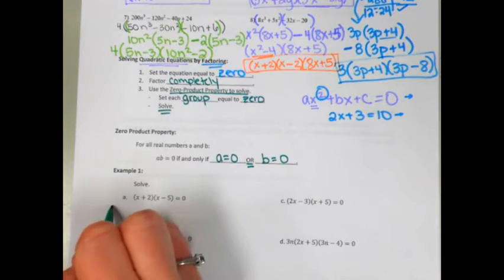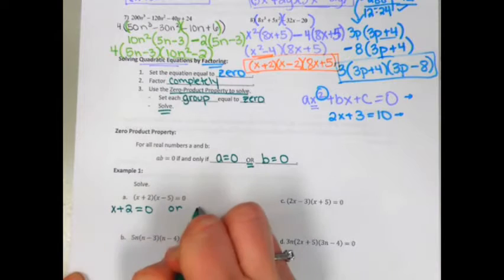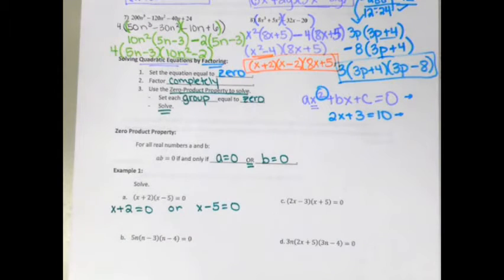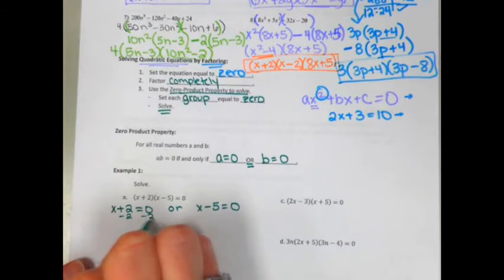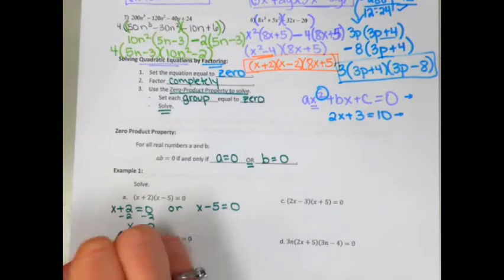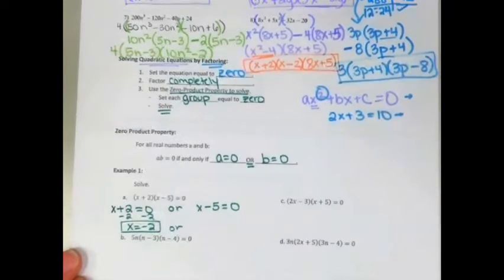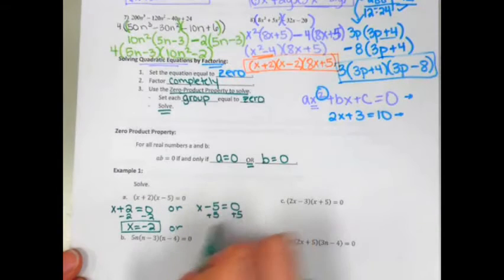So I'm going to say x plus 2 equals 0 or x minus 5 equals 0. Okay. So how do I solve x plus 2 equals 0? Wouldn't I subtract the 2? So x would equal -2. Or how would I solve the next one? Add 5, so x would equal +5.